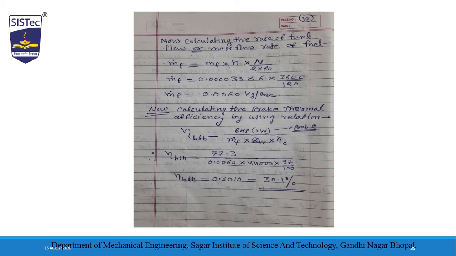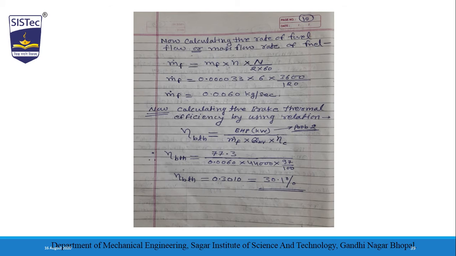We use the relationship: mass flow rate of fuel equals mass of fuel into number of cylinders into RPM of the engine, divided by 2 into 60, where 2 is used for the 4-stroke engine, because in a 4-stroke engine we get the power stroke after the completion of 2 revolutions. After putting in all the values, the mass flow rate of fuel is 0.0060 kg per second.